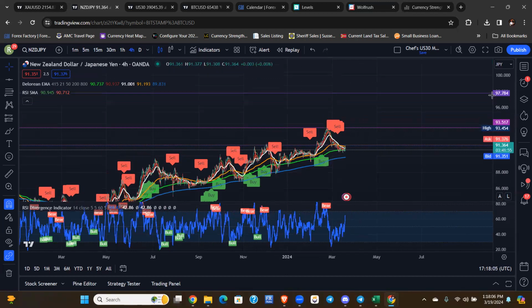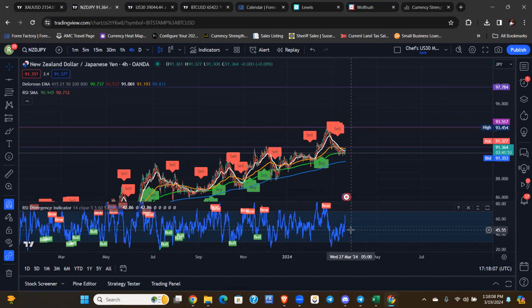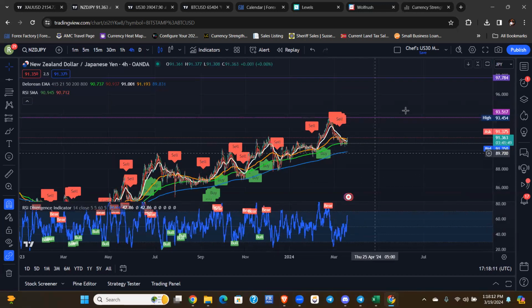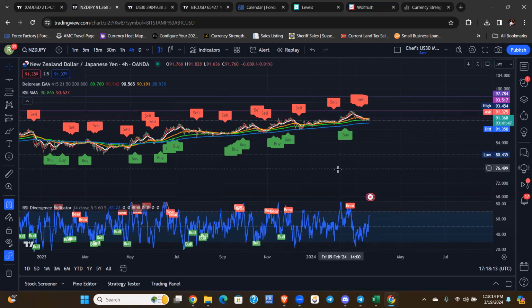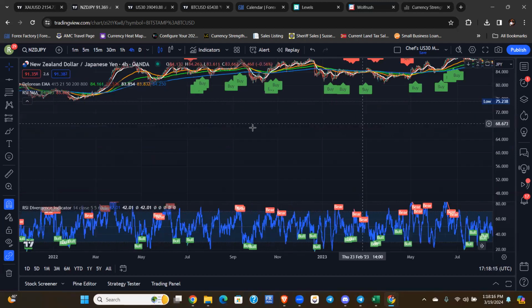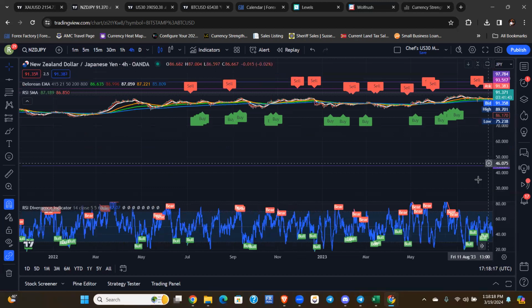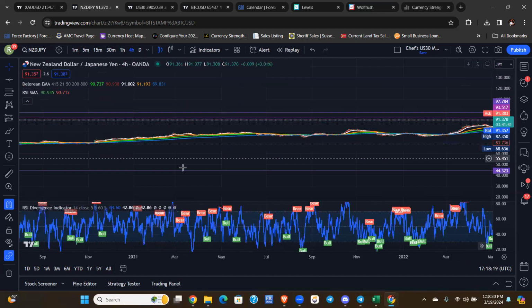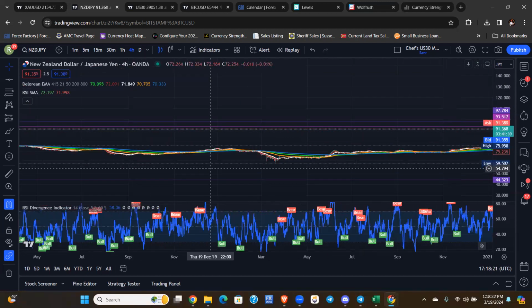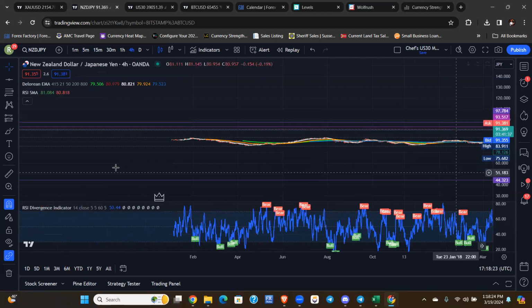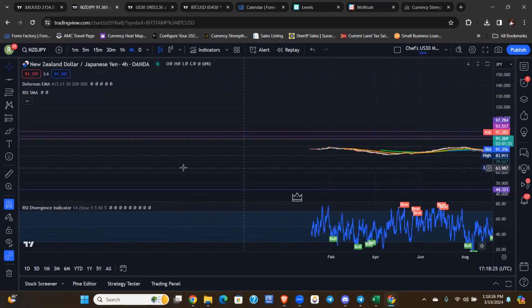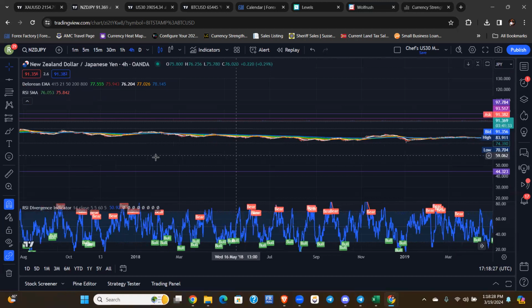So now this one is a lighter purple. I could use other colors, right? But no, I'm not going to. And then I mark the low. I look for the low that I marked before, and now I want to find the next higher low that I can see. They won't let me go too far back.